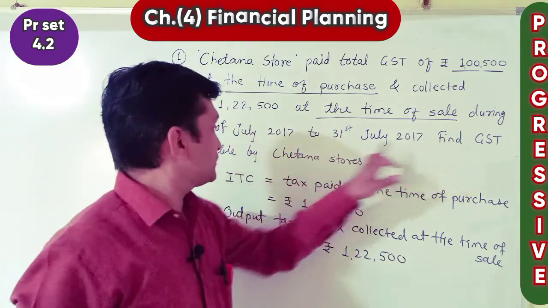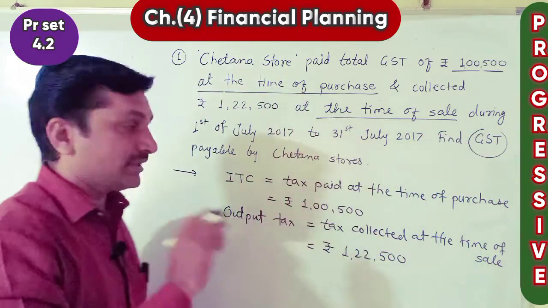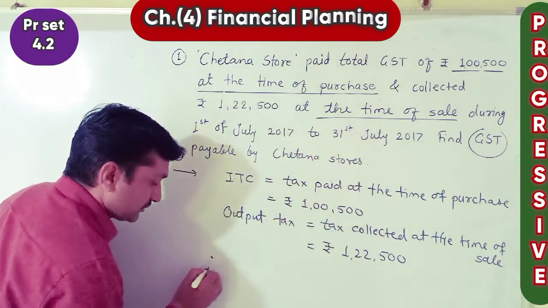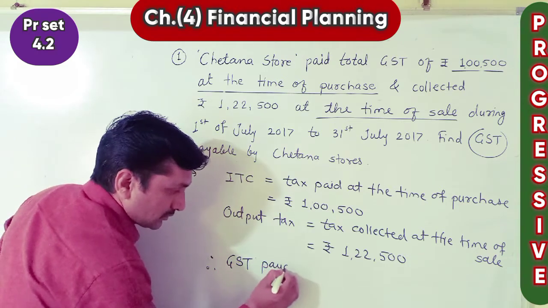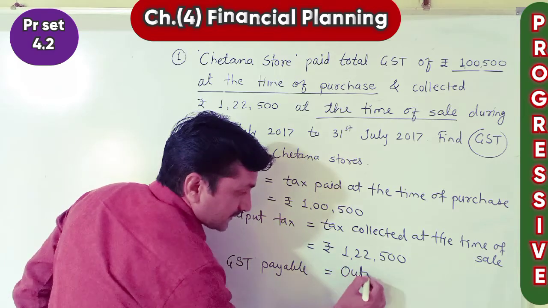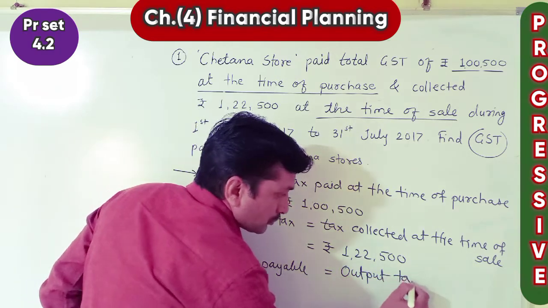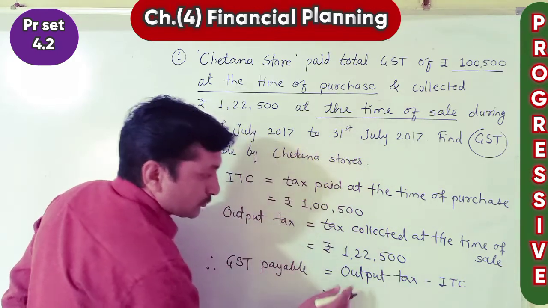Find GST payable by Chetna Stores. Therefore GST payable is equal to output tax minus ITC. It is very easy. Both the values we know.